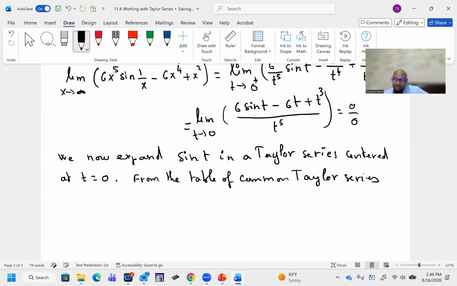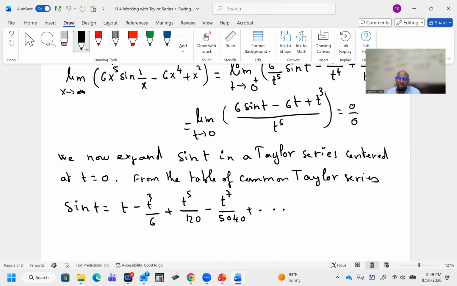We know sine of t is t minus t squared. Oh, sorry, t minus t to the power of 3, right? Yes, those are odd powers. Divided by 6, plus t to the power of 5 divided by 120, minus t to the power of 7 divided by 5040, plus and so on.